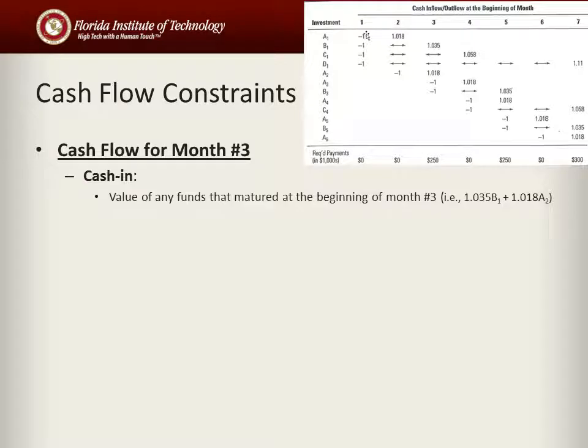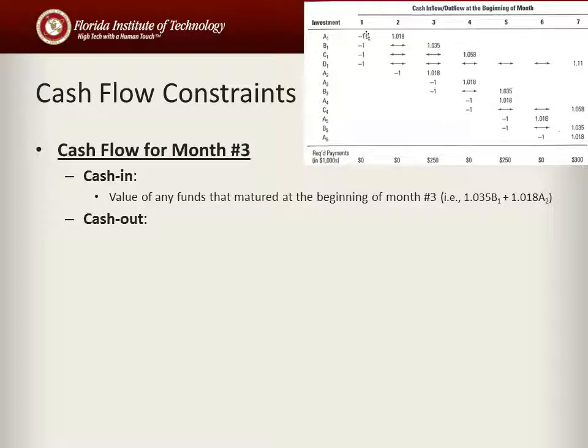Cash in for month number 3 will be 1.035 times whatever amount was placed in investment B during month 1, and 1.018 times any amount placed in investment A during month number 2. So the cash in for month number 3 is going to be equal to 1.035 times B1 plus 1.018 times A2.